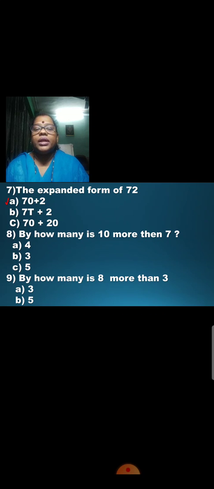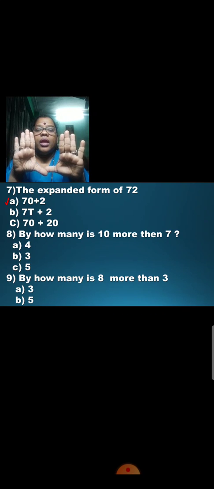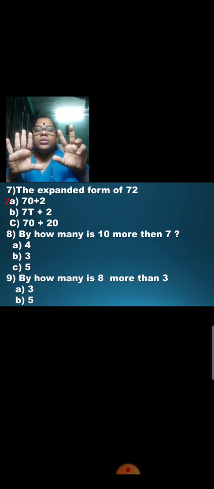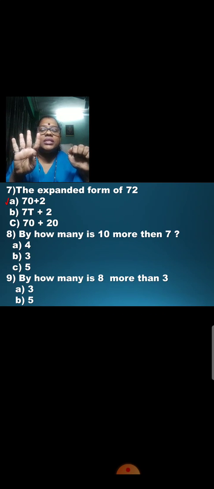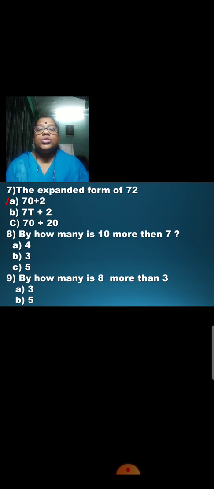How many fingers you are going to take? 10. And how many you will remove? 7. So 1, 2, 3, 4, 5, 6, 7. So how many? 3. So 10 is more than 7 by 3. Let's see.